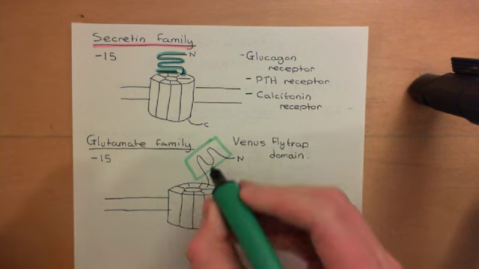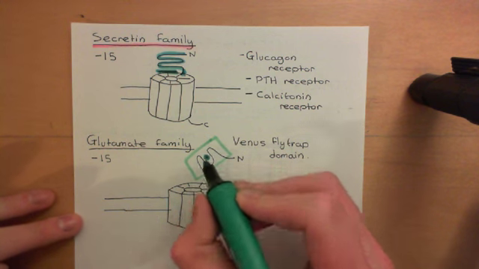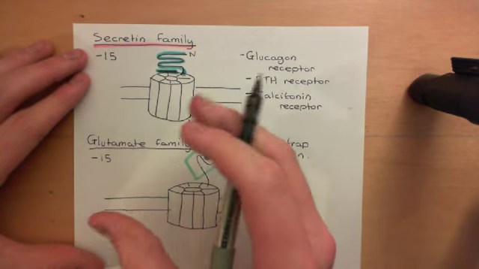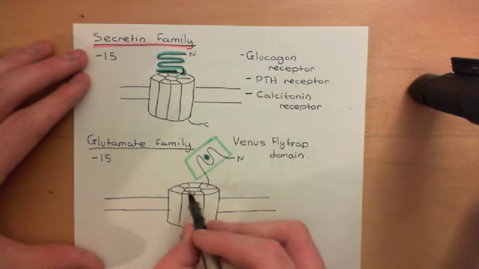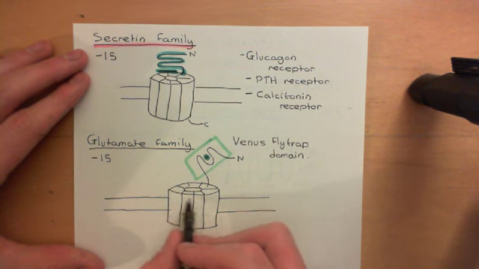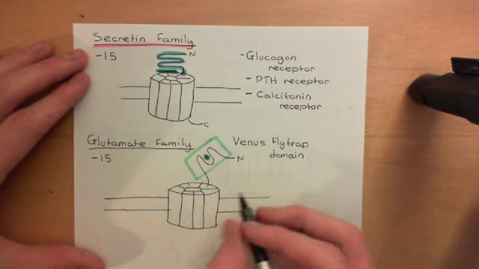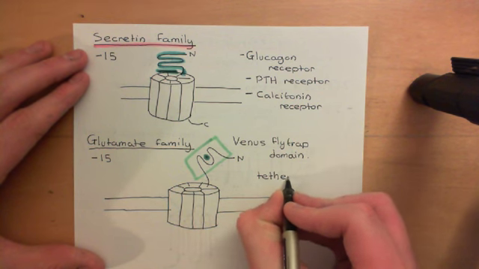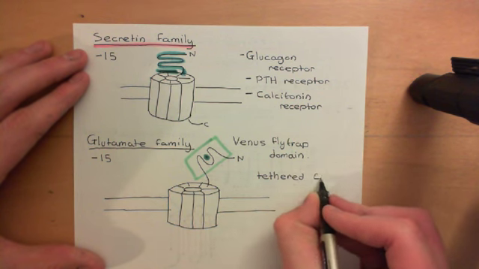And when the ligand binds, it's going to bind in the middle of these two jaws, and they're going to close around the ligand, and then this whole domain that's now closed around the ligand is going to move down and bind to the transmembrane domain here, and that's going to cause conformational changes in the transmembrane domain. Okay, so it's an example of the formation of something known as a tethered ligand.